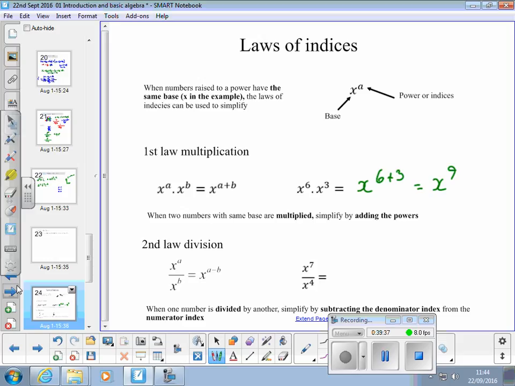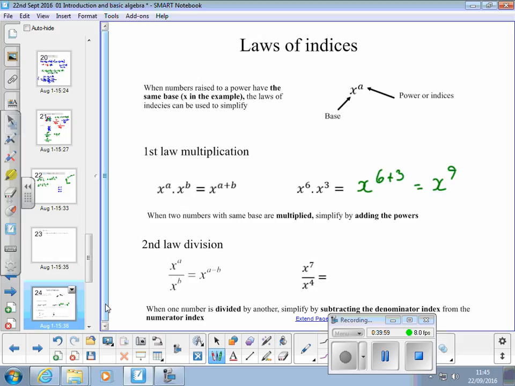So when two numbers with the same base are multiplied, we simplify by adding the powers. So that's the first law, although they don't necessarily come in any particular order, but in textbooks you usually talk about them in the order that I'm going to do.